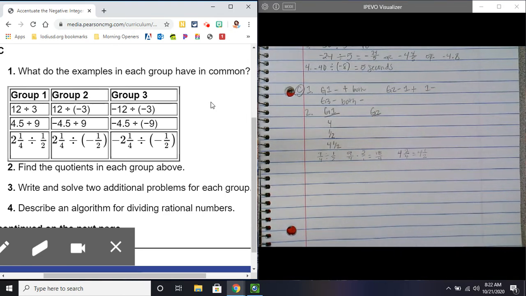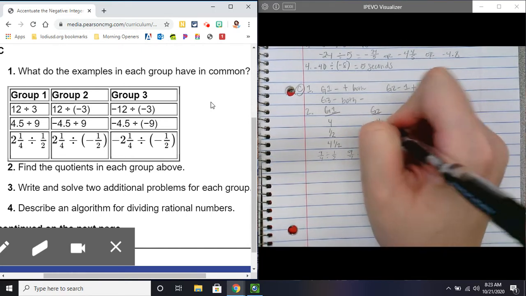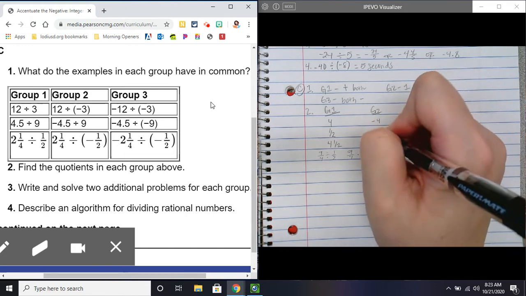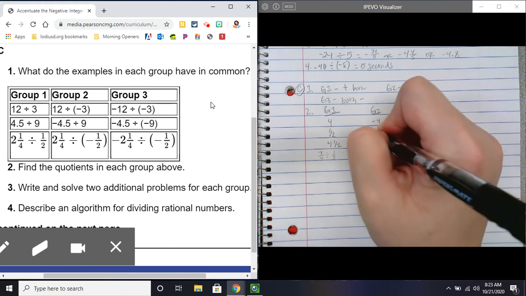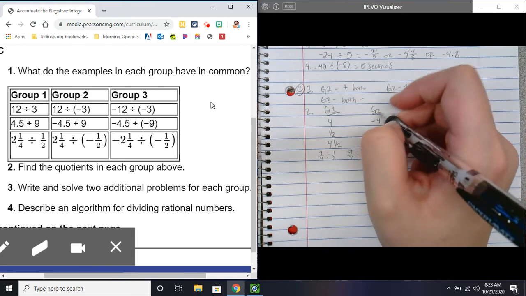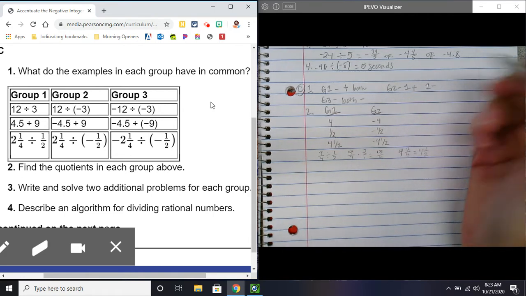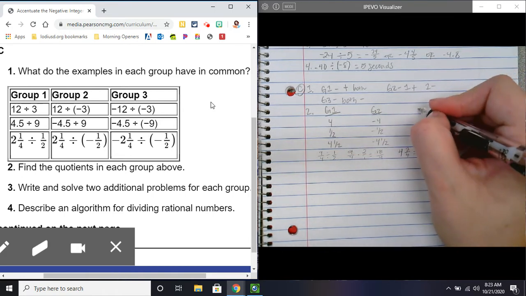Group 2 says 12 divided by -3, which would be -4. And then -4.5 divided by 9, which would be -1/2. And 2 1/4 divided by -1/2, which would be -4 1/2. Notice the pattern again.